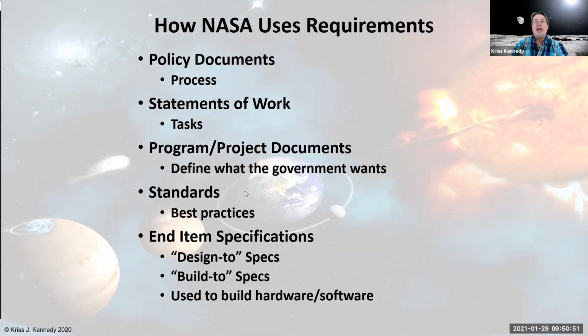They're used in standards, best practices, the NASA Standard 3000, Volume 1 and Volume 2. Volume 2 is about habitability and human factors and things of that nature. So that standard becomes requirement inputs. And they're also used, of course, as end item specifications, the design-to and build-to specifications for development and manufacturing integration of these systems.